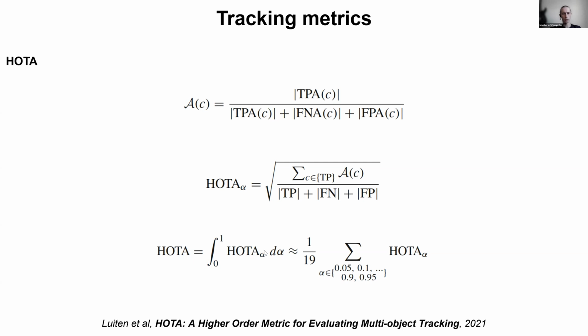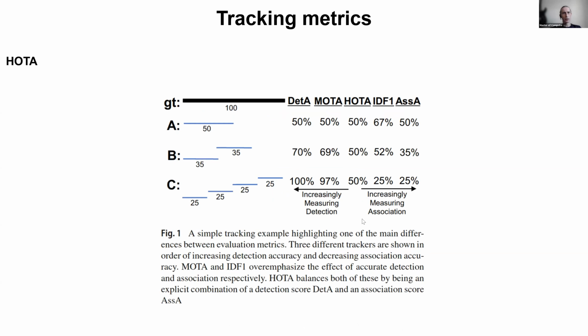So it's some localization similarity score. Authors claim that the HOTA score aligns much better with the human perception of tracking quality in comparison to the previous metrics, including MOTA, for example, or IDF1. I really recommend this paper for self-reading because it's well written and puts everything in its place.